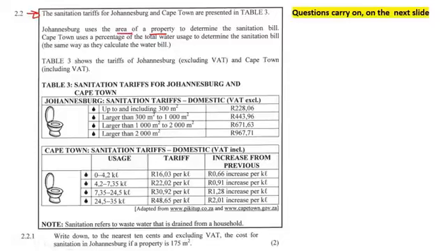So in Cape Town, if you use anywhere between 0 and 4.2 kiloliters of water, then you will pay 16 Rand and 3 cents for every kiloliter. And they're just telling us what this is an increase from the previous. Maybe this was a previous year, for example. I don't think this part is too important right now.